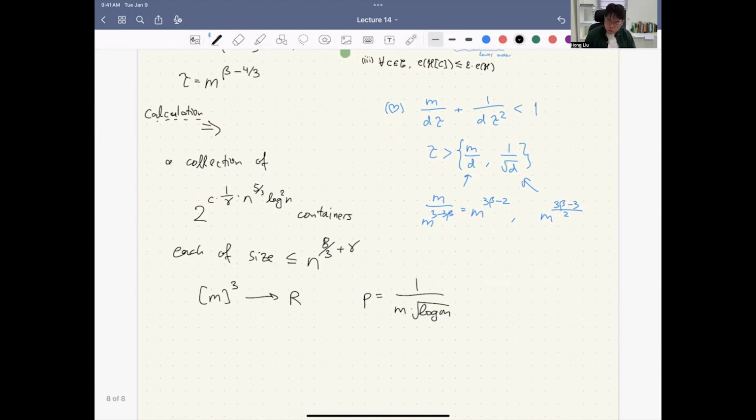Then you can compute the expected size of R is mp, which is much larger than the expected number of collinear 4 tuples in R. What is this?